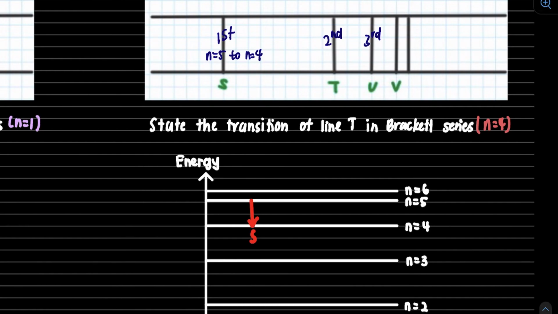Okay, the next possibility is T, the second line, n equal to 6 falling to n equal to 4. So we draw here our T from n equal to 6 to n equal to 4.